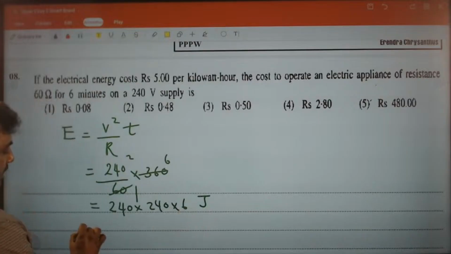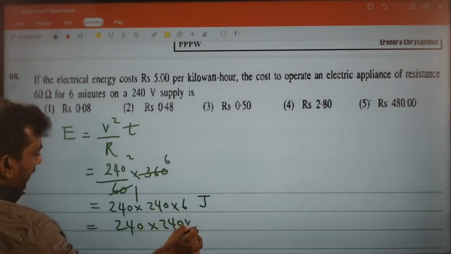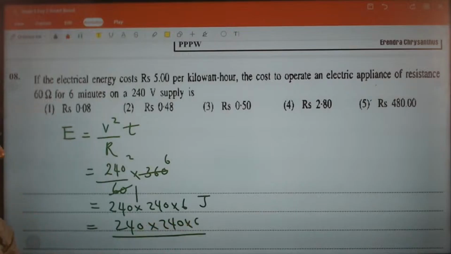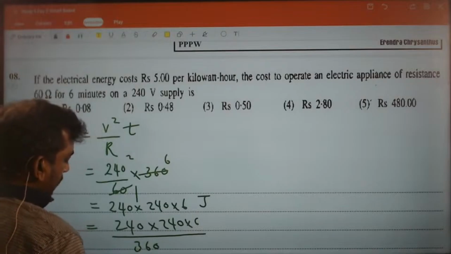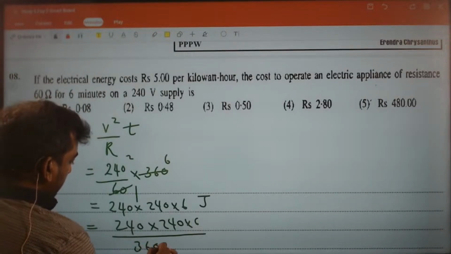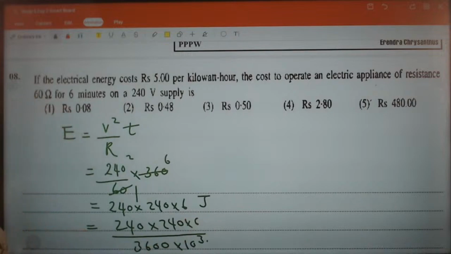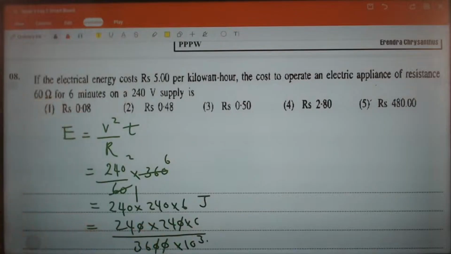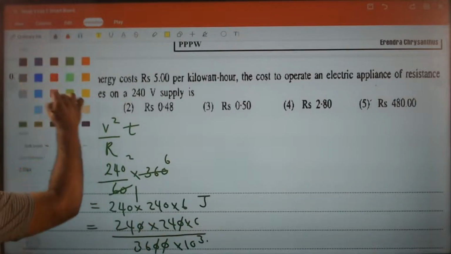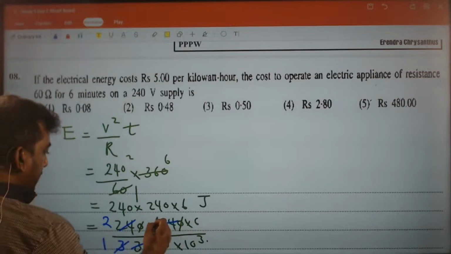I want my answer in kilowatt hour. 240 into 240 into 6 divided by, what is kilowatt hour? 3600 times 1000. So much. Simplify very carefully. 2 zeros cancel off. 2 zeros cancel off. 12 times 2, 12 times 3. 3 times 1, 3 times 8.